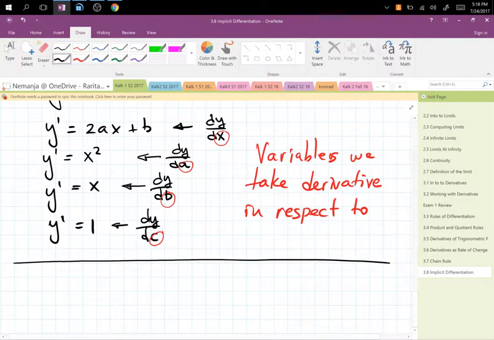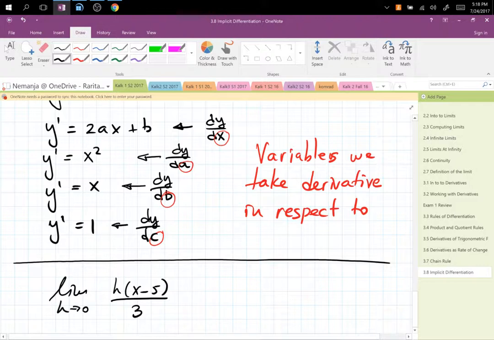You remember how you had the limit as h goes to 0, and then you had, let's say, h times x minus 5 over 3, right? And you ignored x completely because it was h that goes to 0, right? So the limit as an operator was operating on h because h was, let's say, the variable for the problem. You completely ignored x. So that happens in differentiation. That happens in integration as well later on.